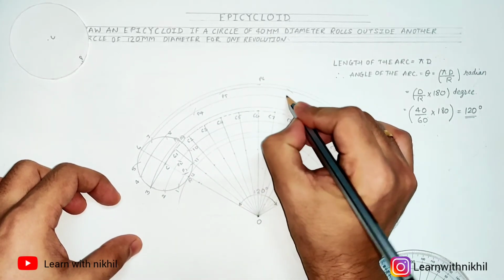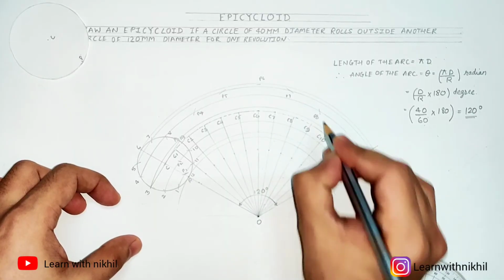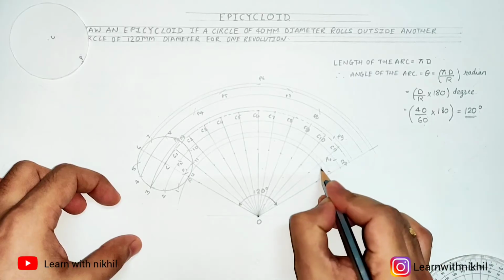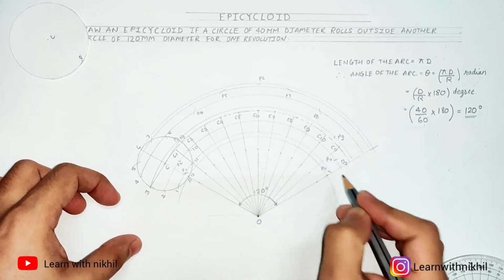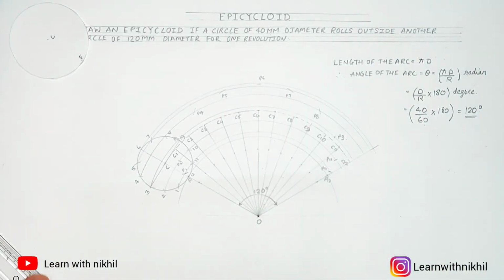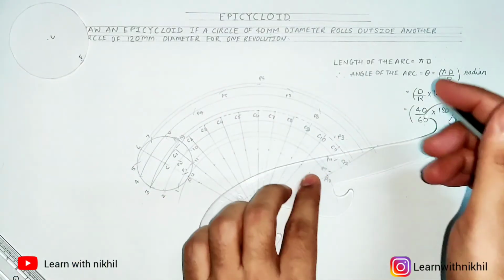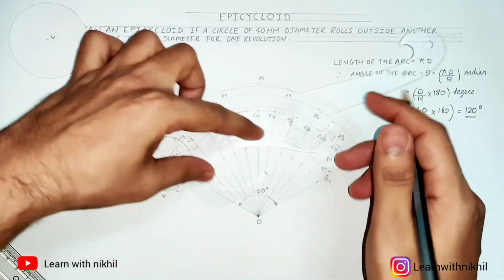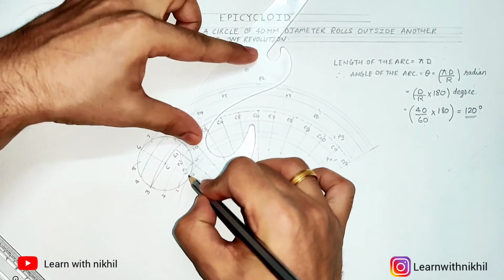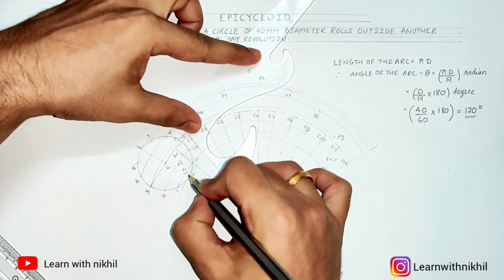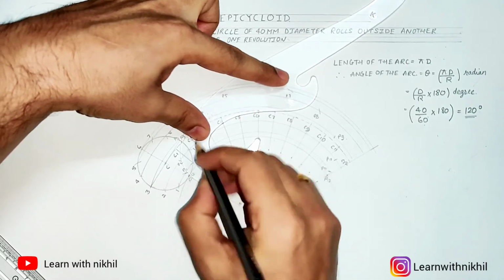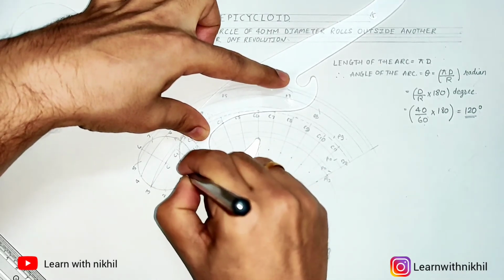At P6, the point P is on the upper side. After marking all these points from P1 to P12, using a French curve, we will join all of them. As you know how to use the French curve, you have to consider 3 or more points, align them properly and draw the curve.